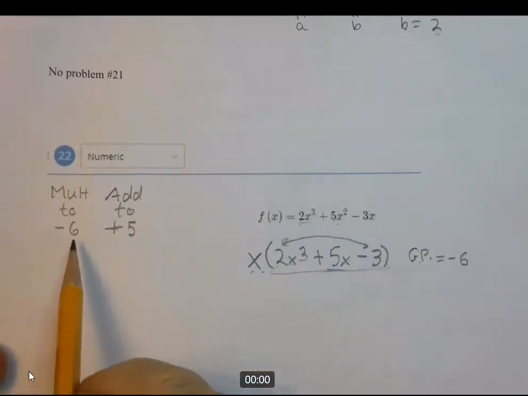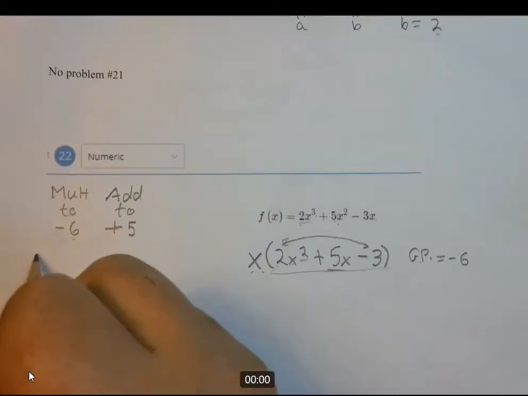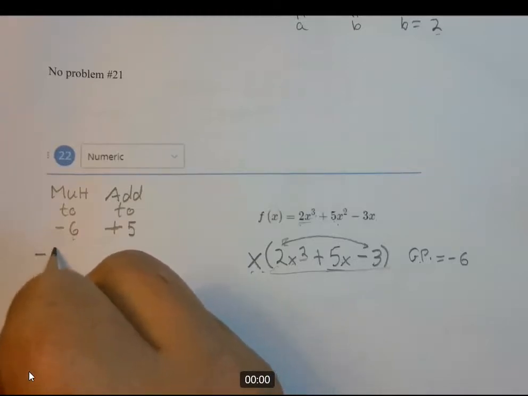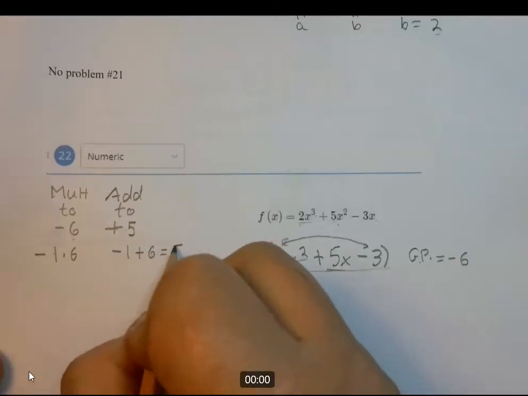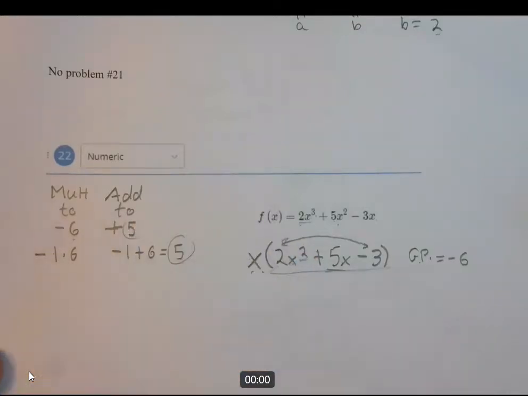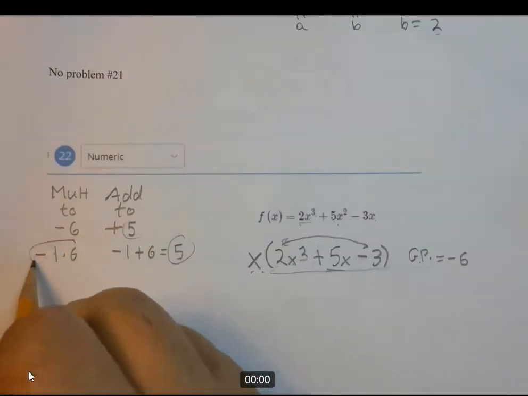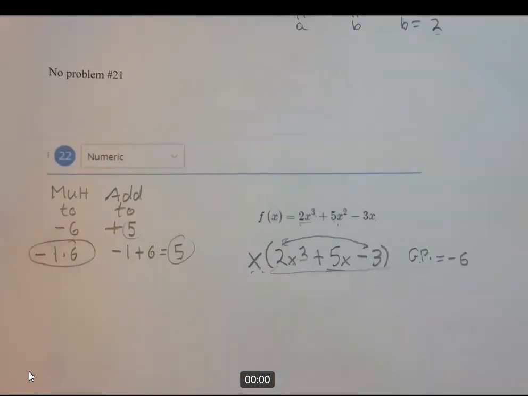So if they're going to multiply to a negative, one has to be negative, one has to be positive. So let's just start with -1 times +6. That gives you -6. And -1 plus 6 gives you 5. That's exactly the number. So we got it on the first try that time. So these are the numbers you're looking for, -1 and 6.